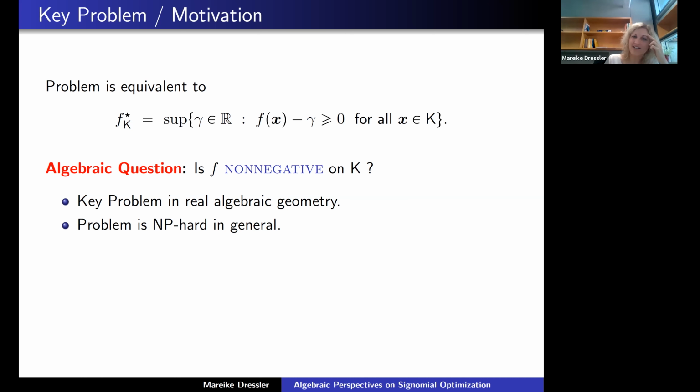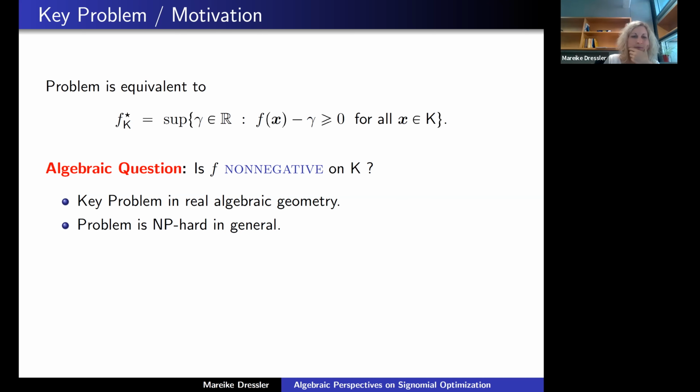You can see that very easily, since deciding non-negativity of a specific problem can be modeled by the copositivity problem. Since we know that the copositivity problem is NP hard, we know that this is also NP hard in general. So we reformulated the Signomial program, which was NP hard, into another algebraic question, which is still NP hard.